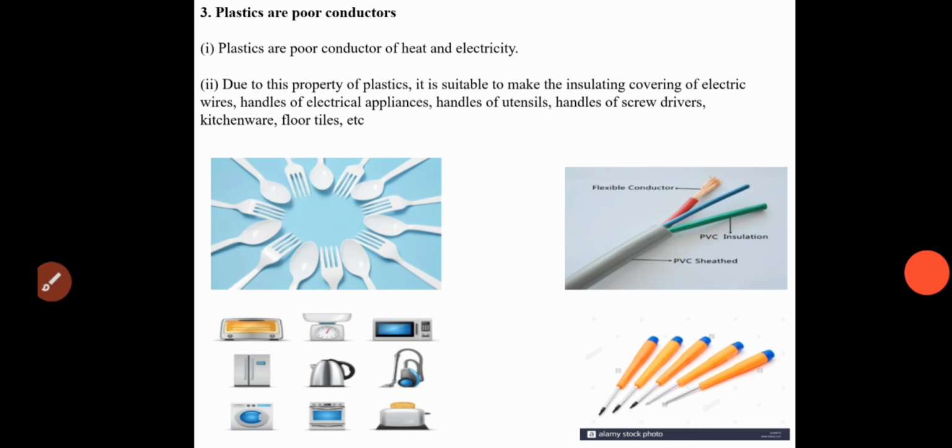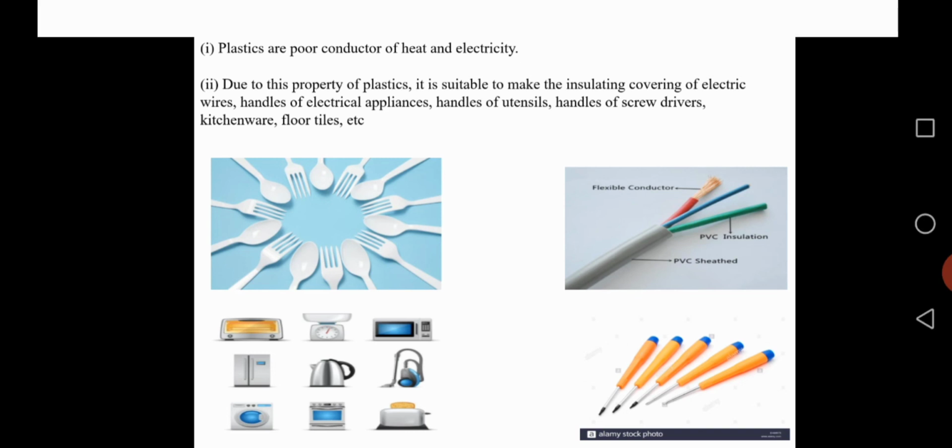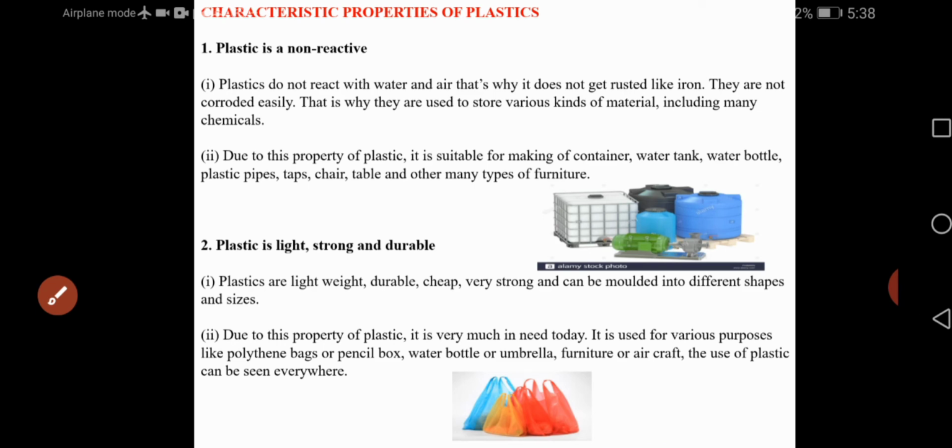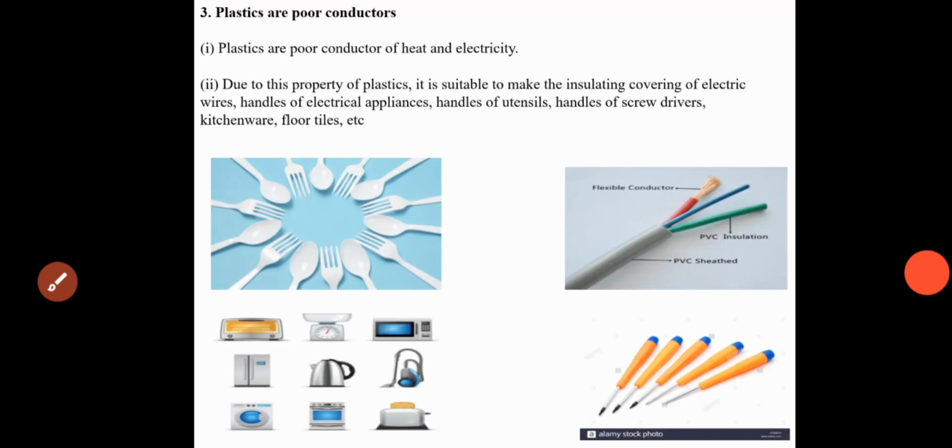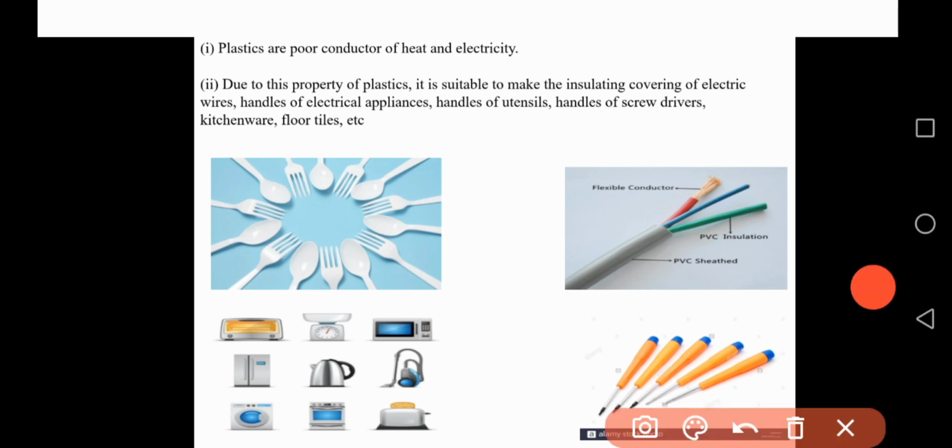Similarly, the last important characteristic of plastic is that plastics are poor conductors. That means, as I already told you, plastics are usually poor conductors of heat and also electricity.